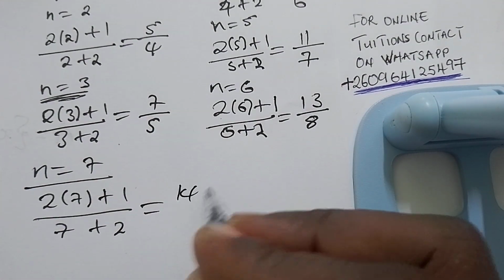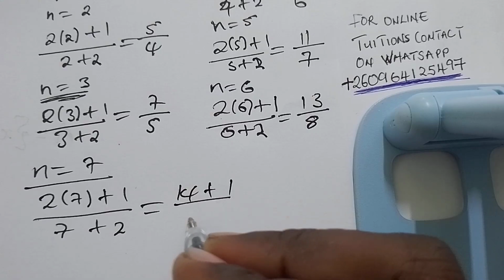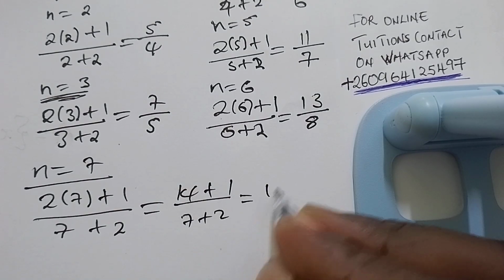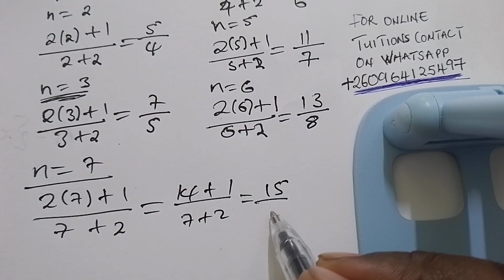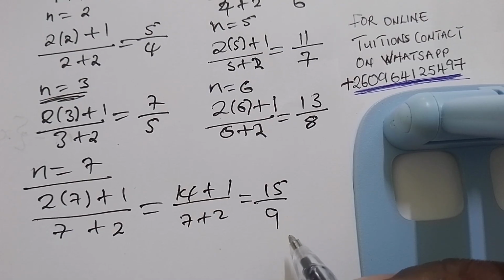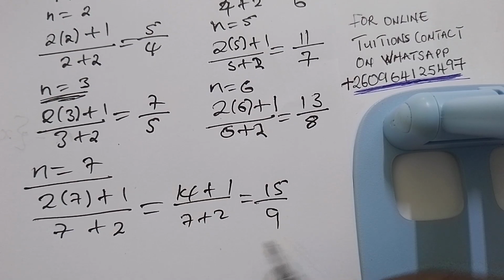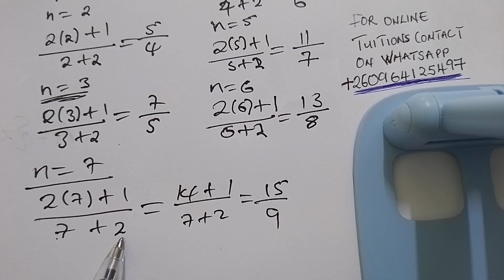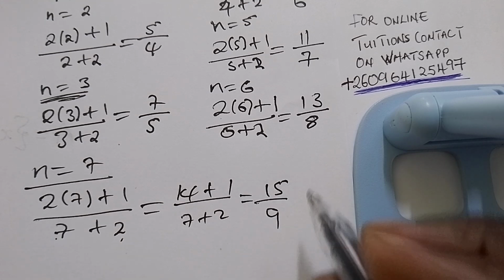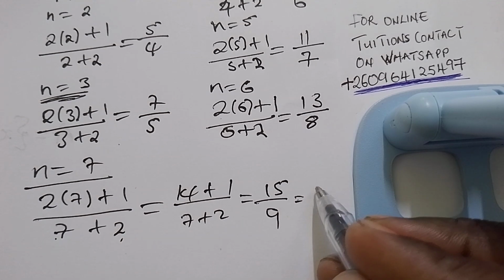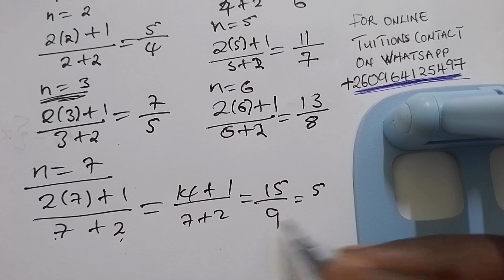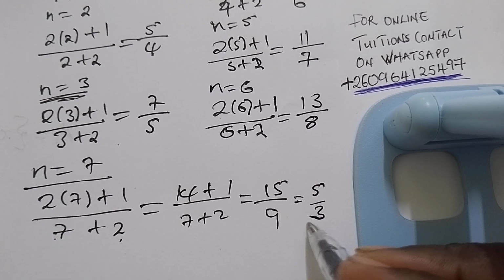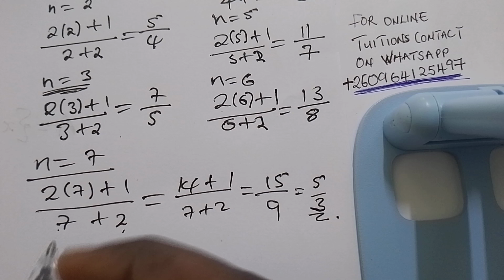That is 14 plus 1, that is 15, over 7 plus 2, that gives us 9. And we can reduce this one, dividing by 3, to 5 over 3. So we can now make the set.